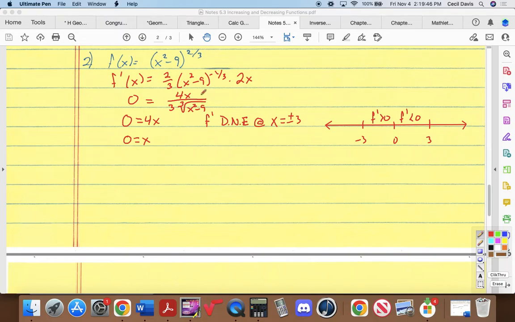If I pick a number larger than 3, numerator is positive, denominator is positive, so f prime greater than 0. And if I pick an x value less than negative 3, my numerator will be negative. My denominator will be positive, so f prime less than 0.